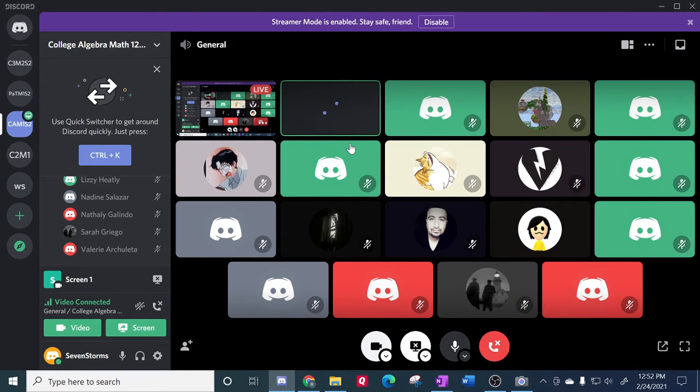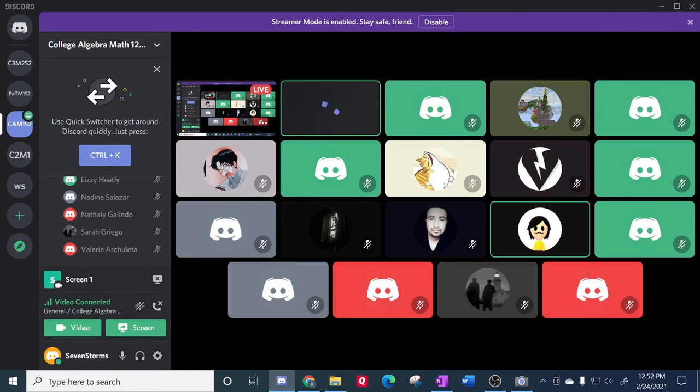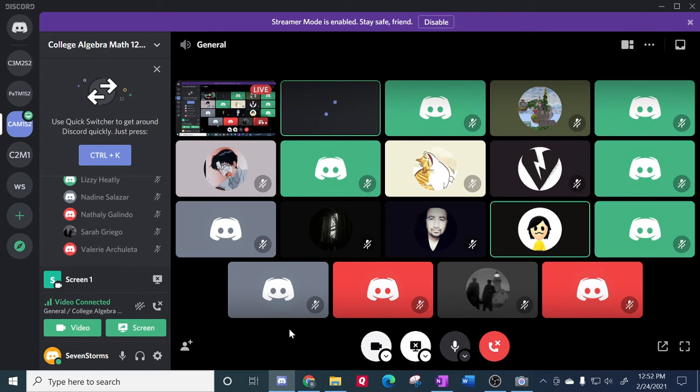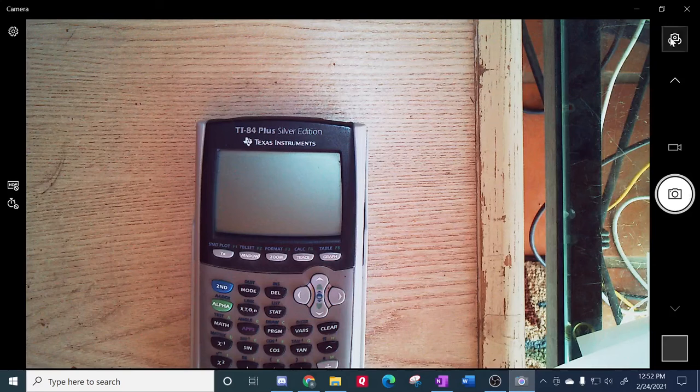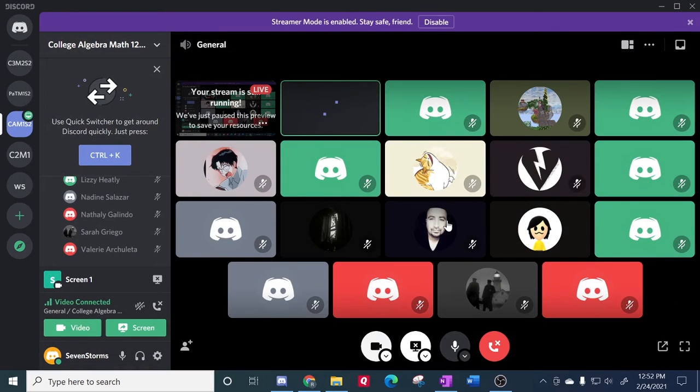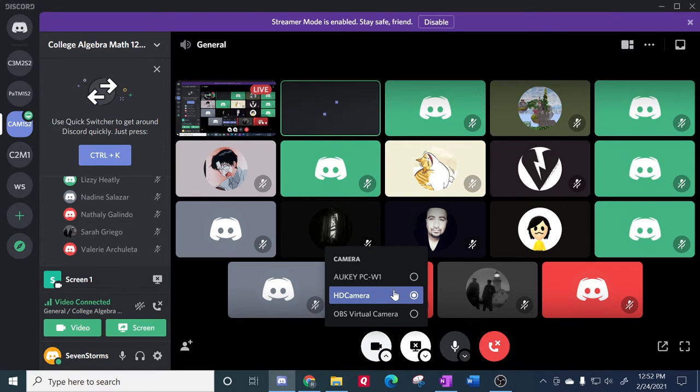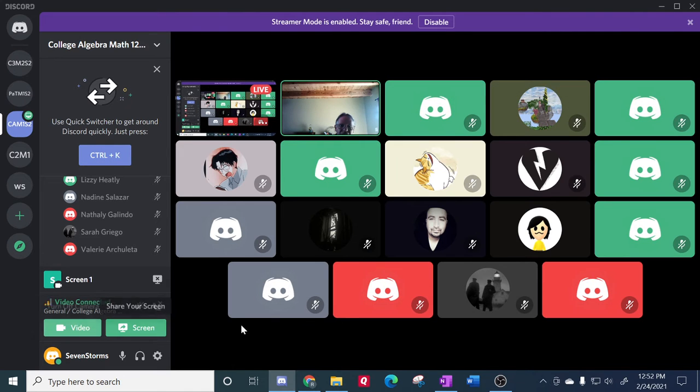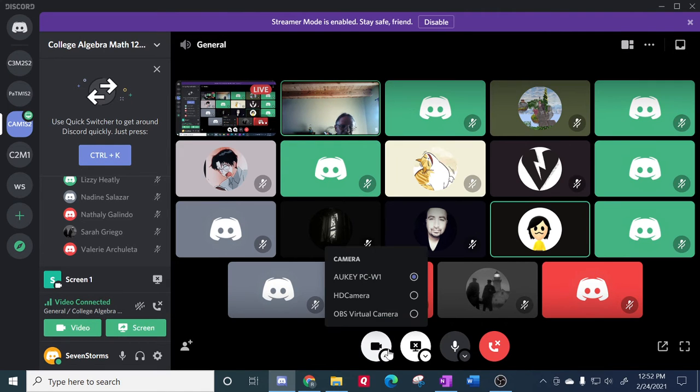All right, and now. Oh, a camera can't be used in two applications at once. So if another application is using your camera, which in this case is the camera app, you'll have to shut the camera app off. And then you're going to want to restart your camera on Discord, so just click it twice or something. And then go to the camera you want.